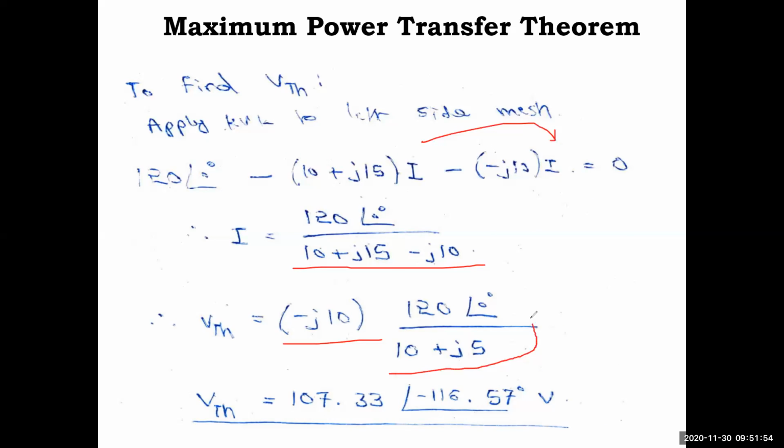Now together you can do it in the calculator. It will come 107.33 at an angle minus 116.57 degree volt. So this is the answer. You can even have its complex conjugate form. Just for your sake, 120 into minus 10i, I'm doing it here, divided by 10 plus 5i.